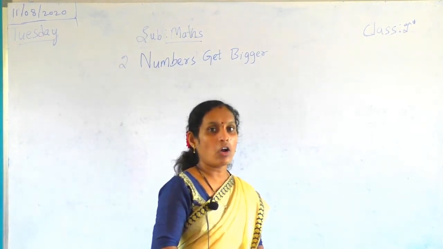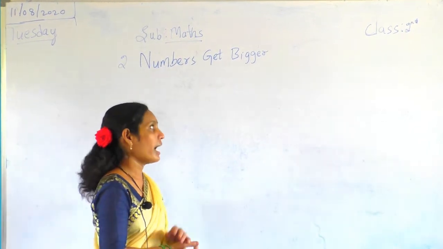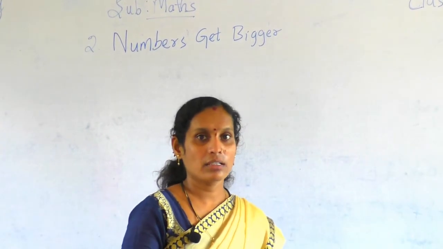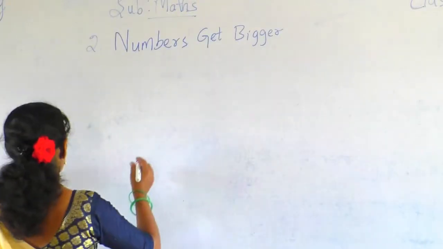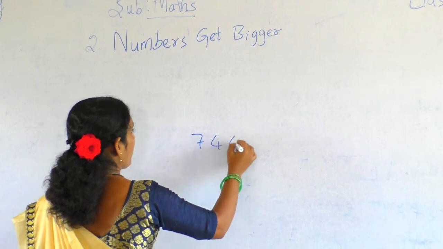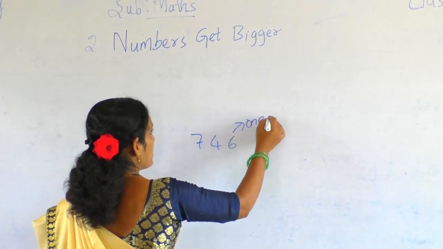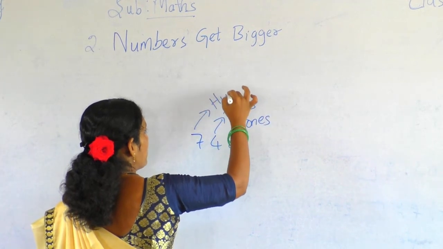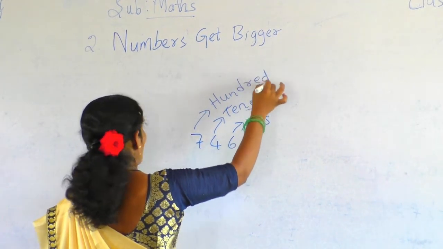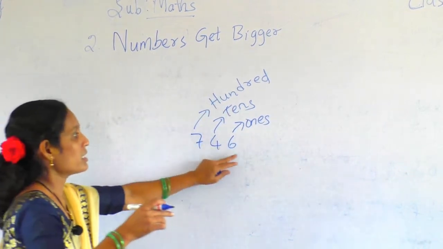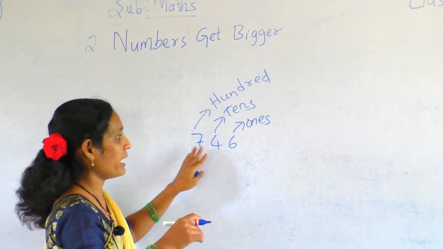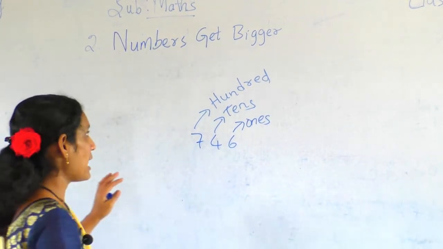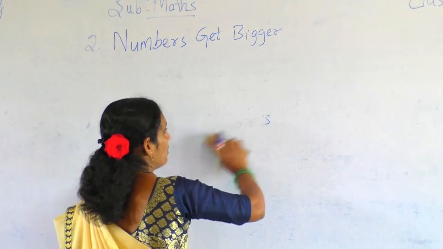Already in a previous class, I taught about the place value of the numbers: this is ones place, tens place, hundreds place. You already learned this in the last class, exercise 3.